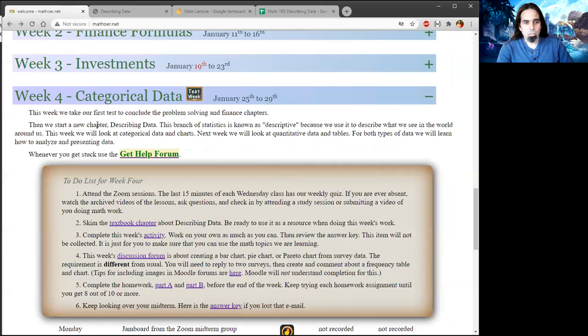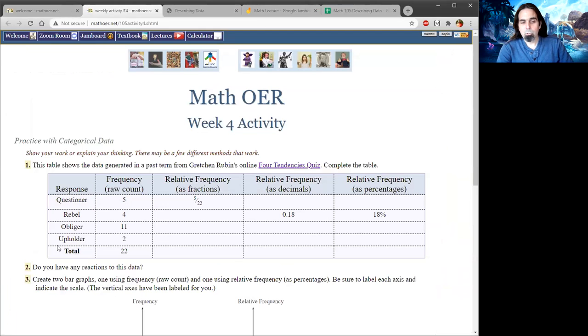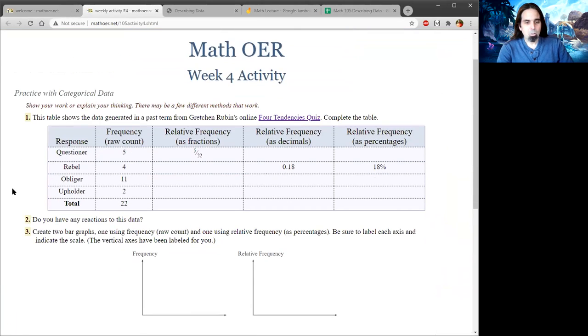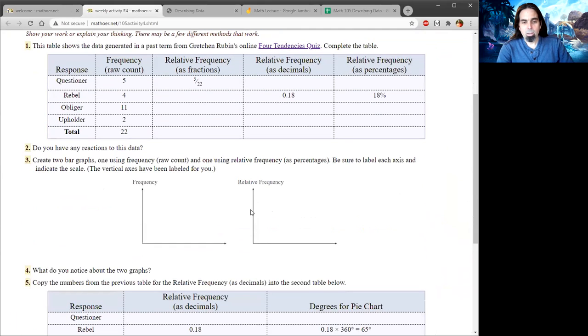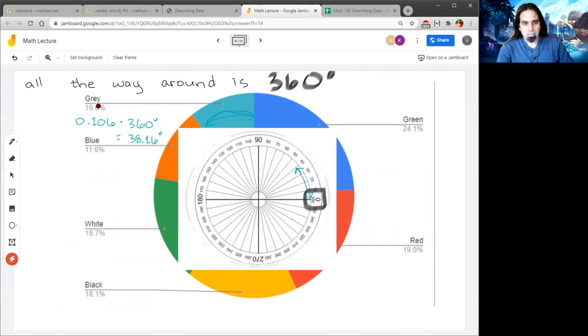Okay, back to your homework. The activity for this week, before you dive into the homework, you should always look at the activity. So here's a table. It's going to ask you, just like we did, to make bar charts, make decimals. Find the decimal amount for each section.